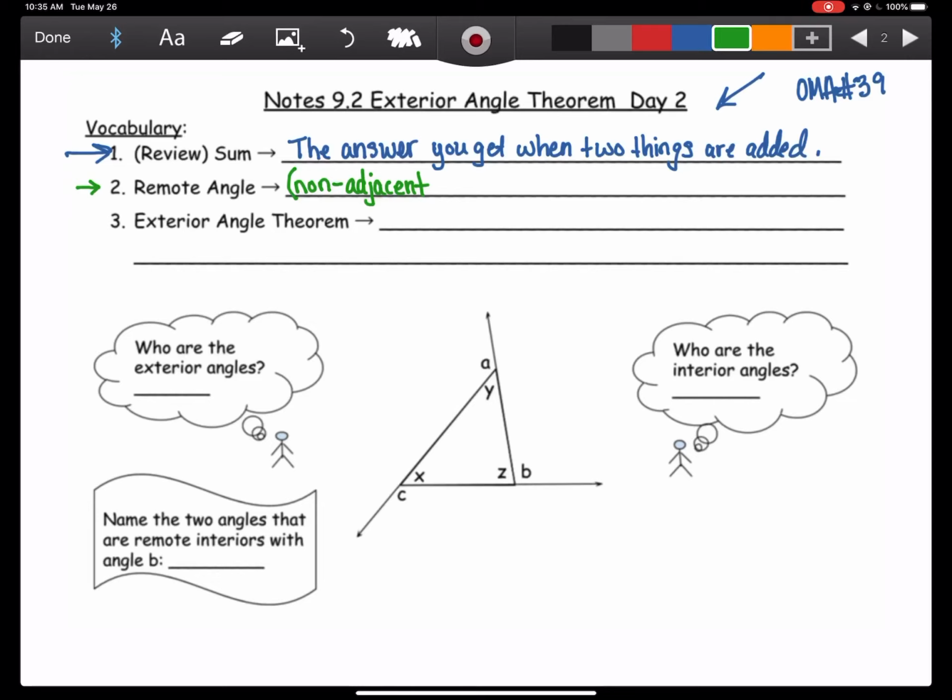You know the word remote. If nothing else, you've heard remote learning. You are where you are and I am way over here. And hopefully we're still learning. So I'm teaching remotely from far away and you're learning remotely from far away.